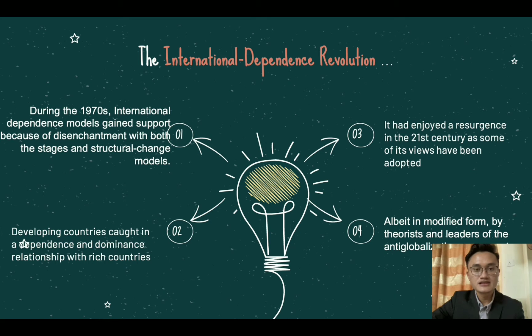And the third one is that it has enjoyed a resurgence in the 21st century as some of its views have been adopted, albeit in modified form, by theorists and leaders of the anti-globalization movement, which is quite radical and extreme from the view of economics.